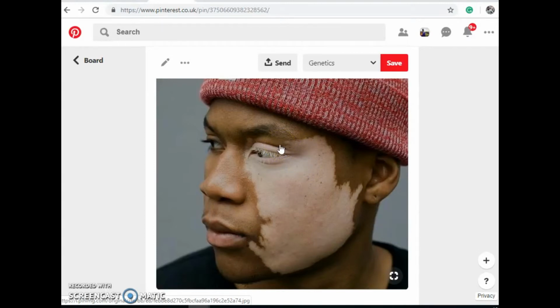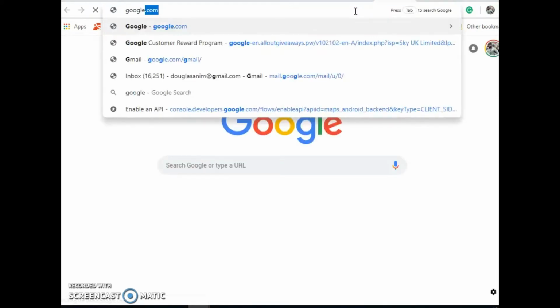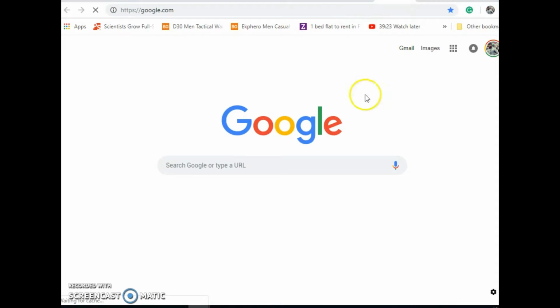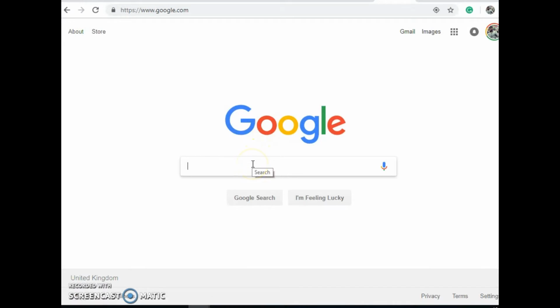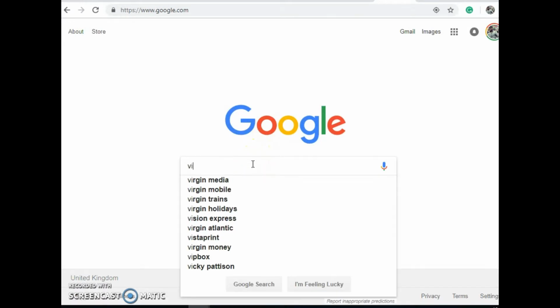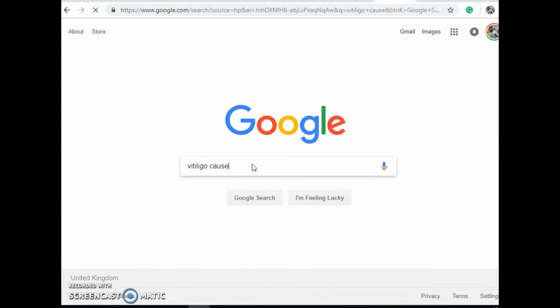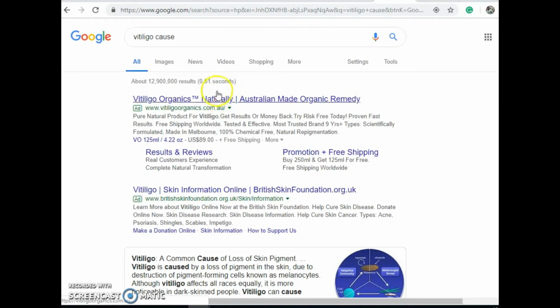I'm not 100% sure if vitiligo is a mutation. I am pretty sure it is, but let's clarify.